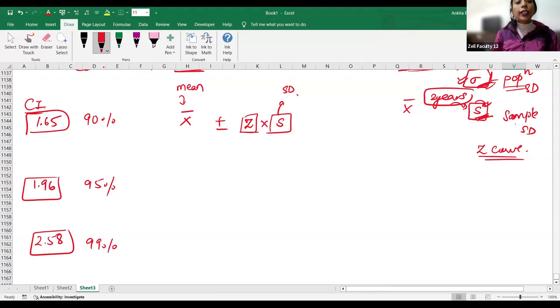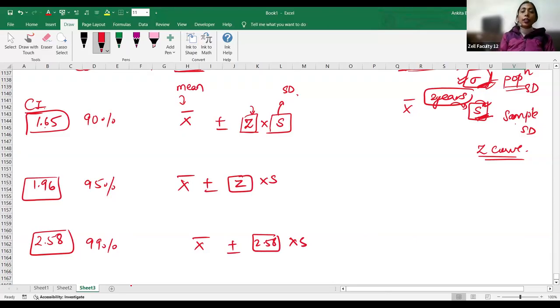So if I am building a 90% confidence interval, I'll put Z as 1.65. If I'm using a 95% confidence interval, I'll put Z as 1.96. Otherwise, I'll put my Z as 2.5. So you can see here 1.96.